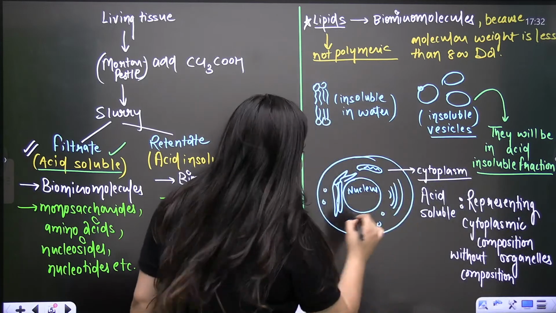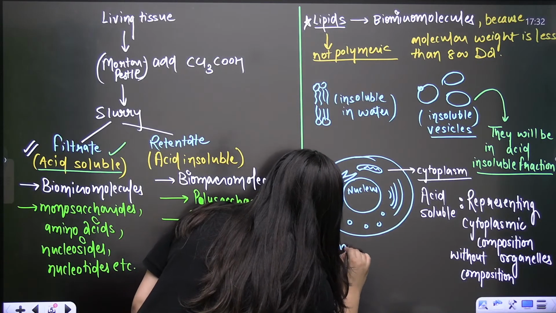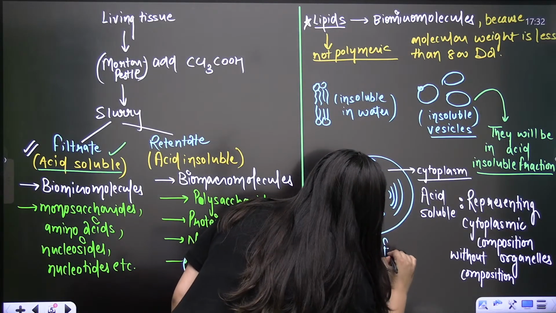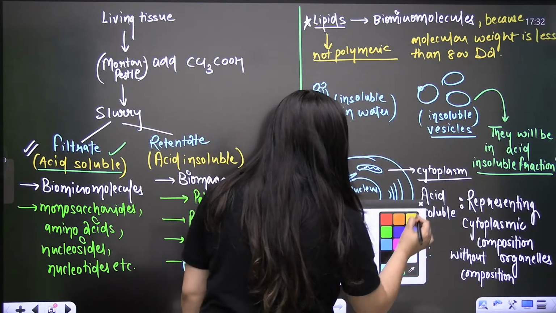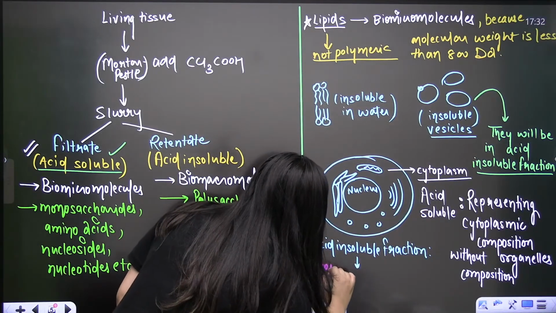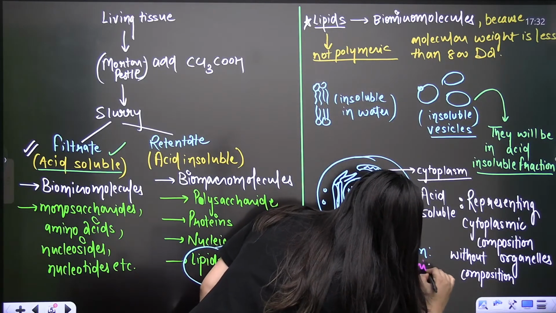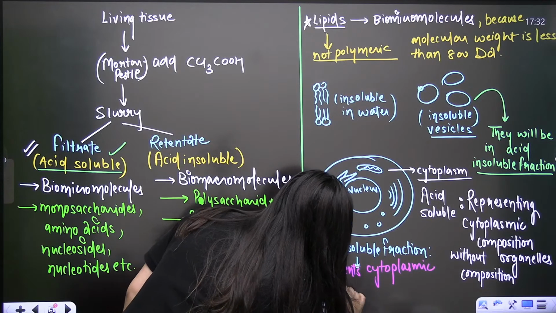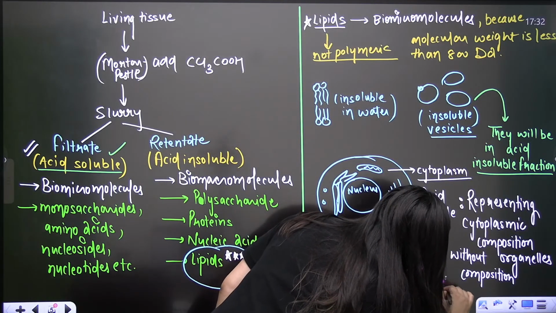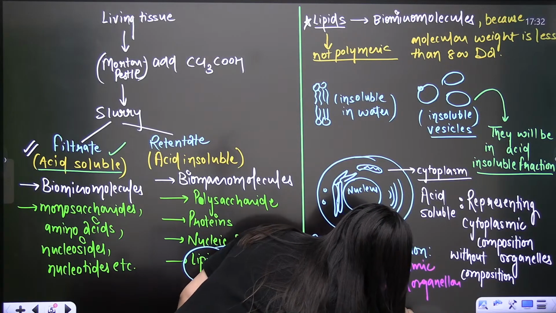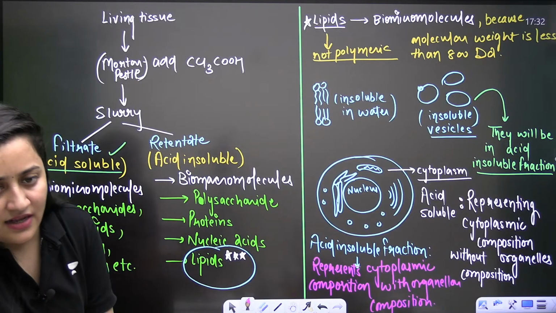And when it is the acid insoluble fraction, it represents cytoplasmic composition with organelles composition, or majorly you can say organelle composition. So together they are representing the composition of a cell. Clear?